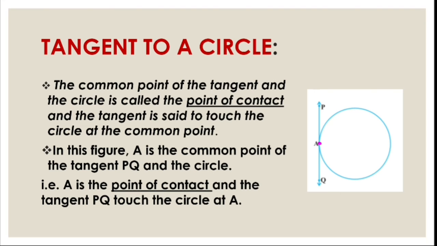So for this tangent PQ and this circle, since A is the common point, we will call this point A the point of contact. Okay, and the tangent is said to touch the circle at the common point. So from the figure you can say that A is the common point of the tangent PQ and the circle, A is the point of contact, and the tangent PQ touches the circle at A. Okay.